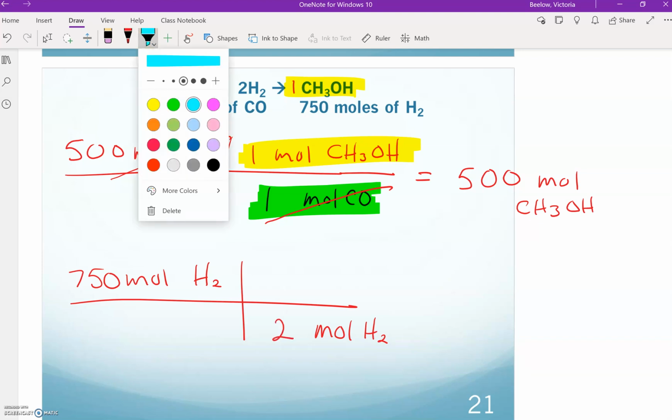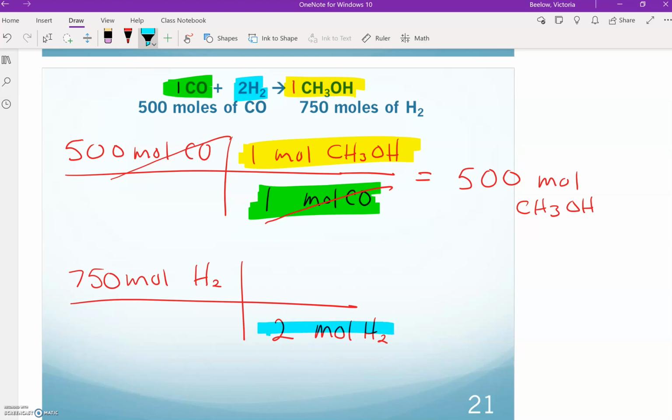It's going to be 2. And again, I'm getting that from the balanced chemical equation. And again, I want to convert this into the same product, which is this guy right here. So I'm actually going to write 1 mole of CH3OH in the top here. Again, we're getting that from the balanced chemical equation.